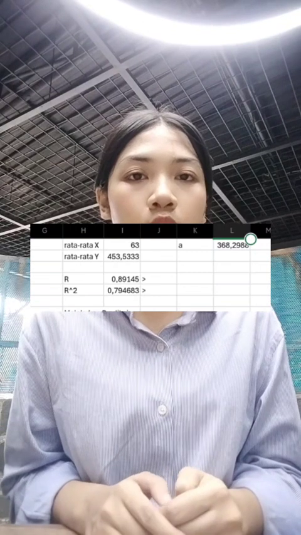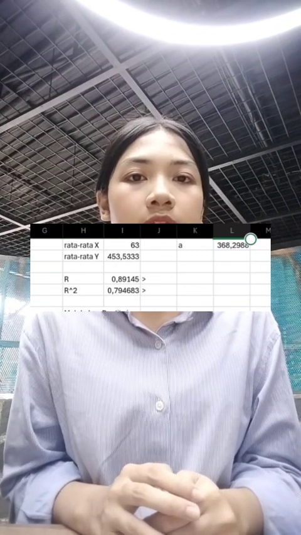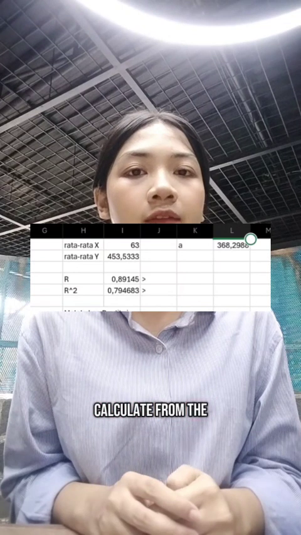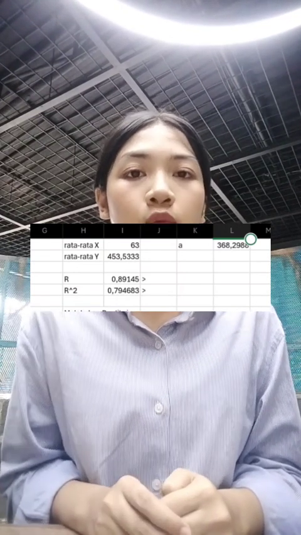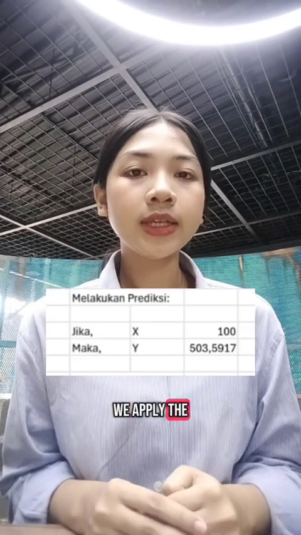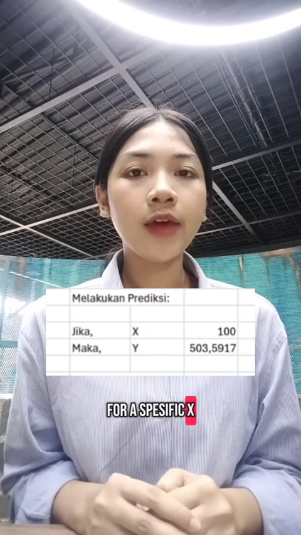We calculate the slope using the same formula as in the manual method. The intercept is calculated from the average of Y minus B times the average of X. We write the equation of the regression line as Y equals A plus B times X. We apply the equation to estimate Y for a specific X value.